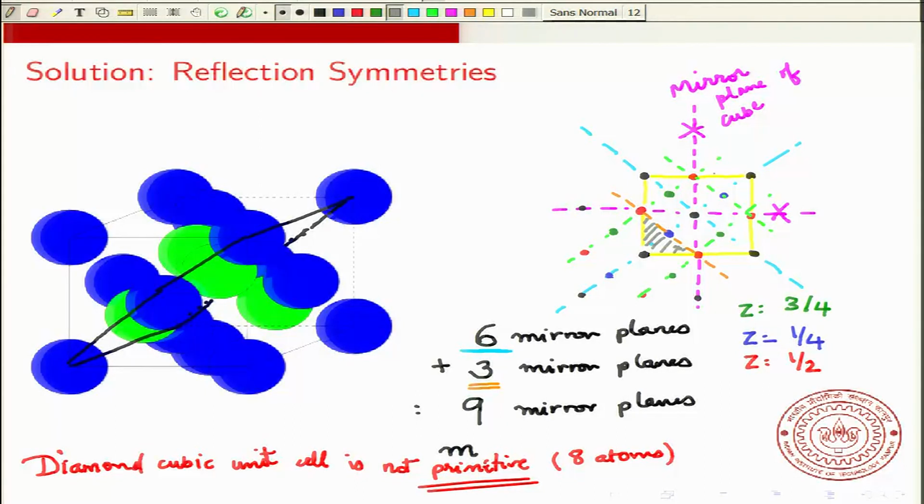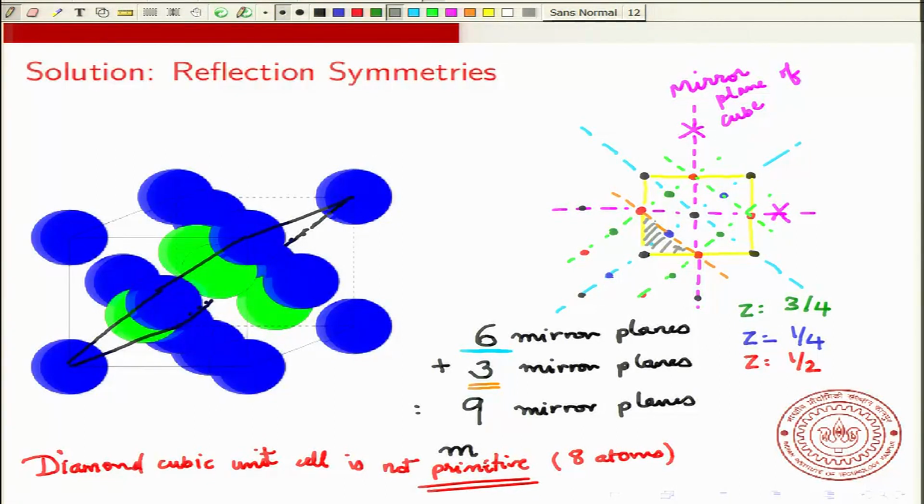And it turns out that you only need to consider the mirror operation on this 1/8 of the cell, and this is because your unit cell is not primitive. So this is the asymmetric unit of this cell.